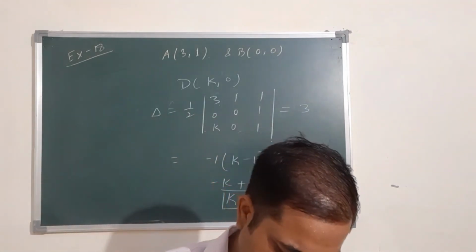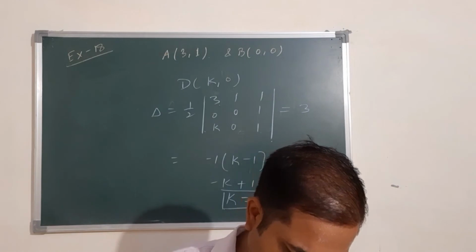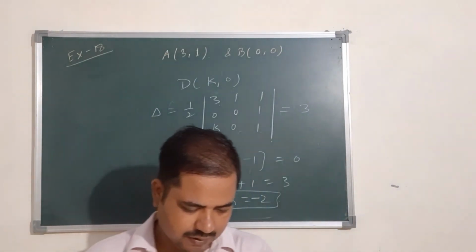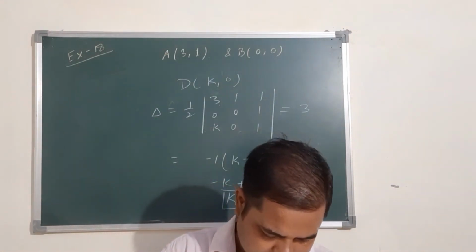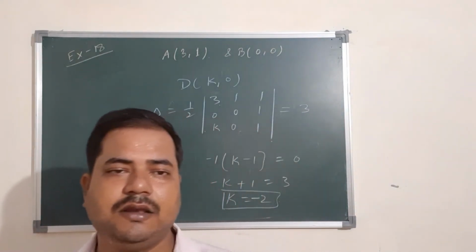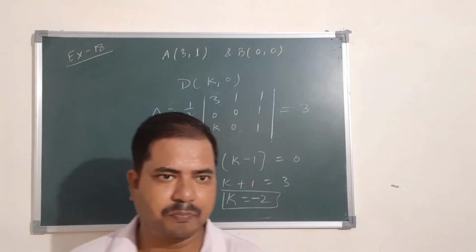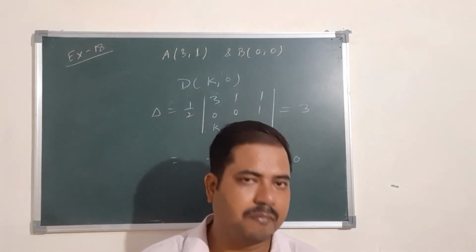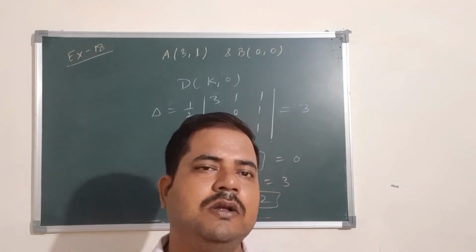So in this manner you have to complete exercise 4.3. The next topic, lecture 9, is minors and cofactors.